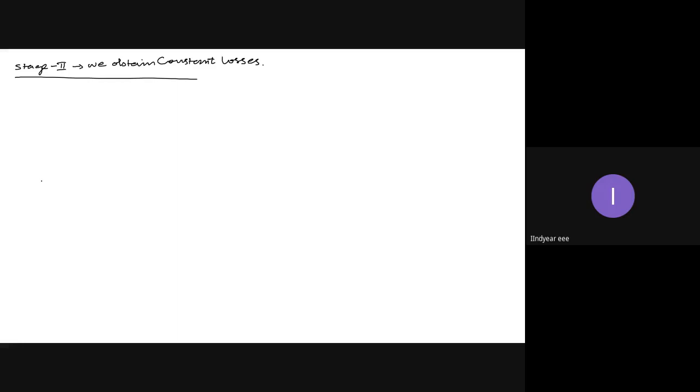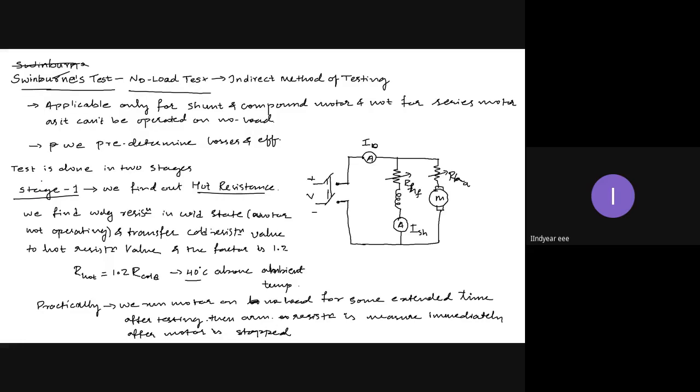Here, once we get the hot resistance, let RA be the hot resistance of the armature, and RSH, we don't take the hot resistance of the shunt field.